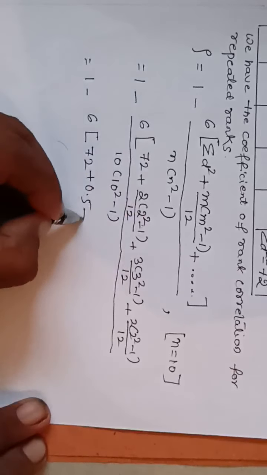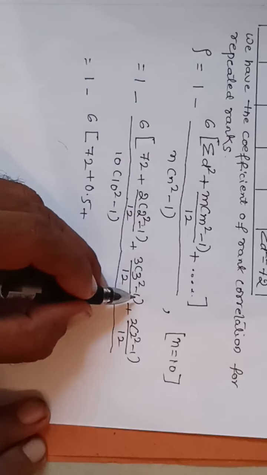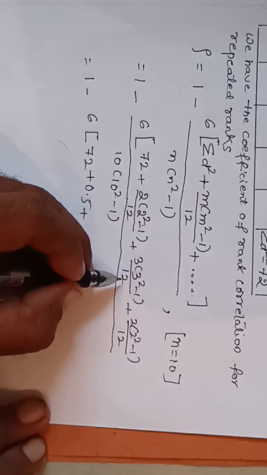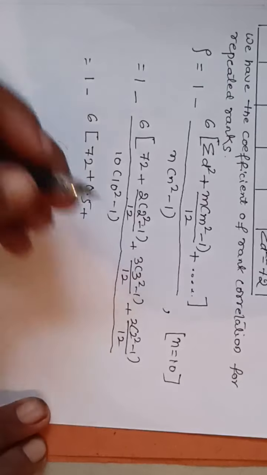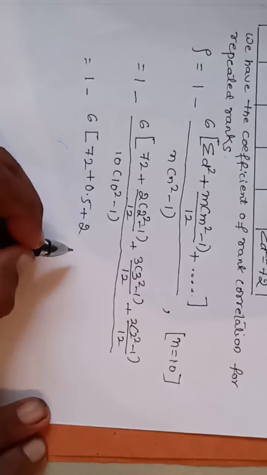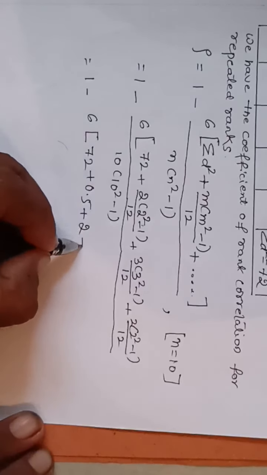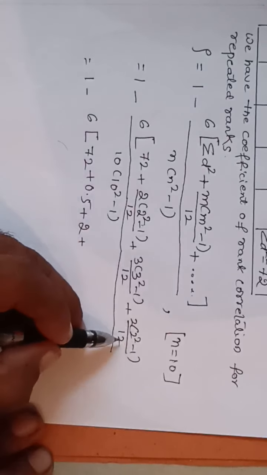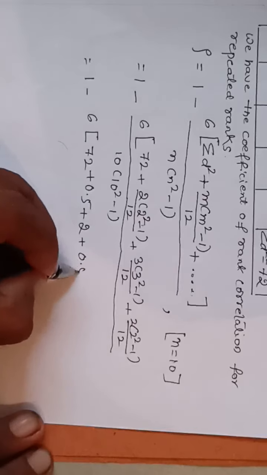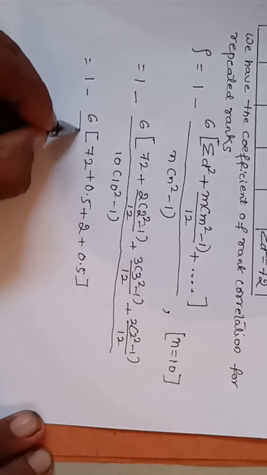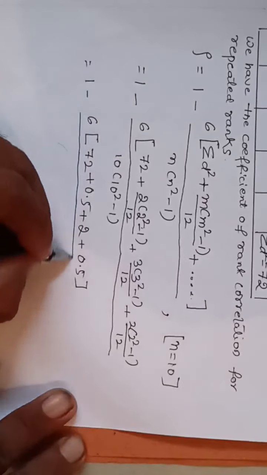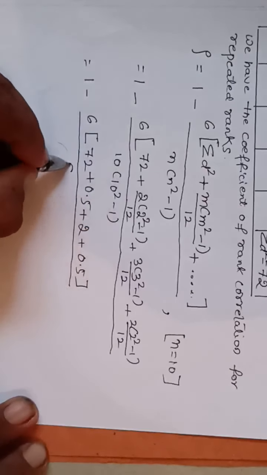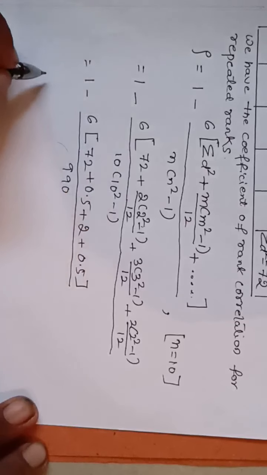Next, plus 3: 3 square is 9 minus 1 is 8, 8 times 3 is 24, 24 divided by 12 is 2. Plus again 2: 2 to the 4 minus 1 is 3, 3 into 2 is 6, 6 divided by 12 is 0.5 again. This whole is divided by 10 square, which is 100, 100 minus 1 is 99, 99 into 10 is 990.